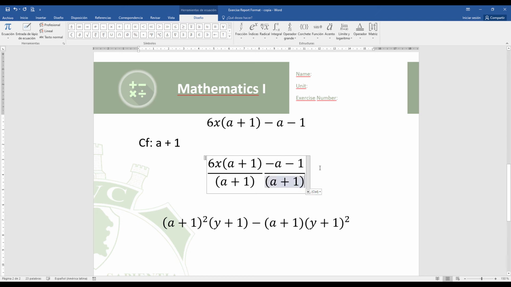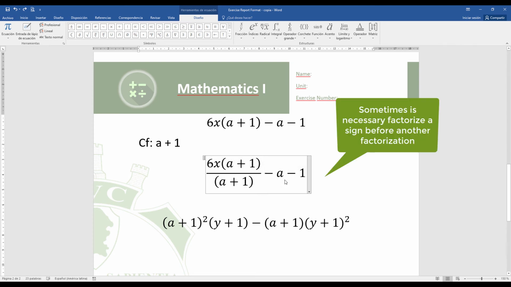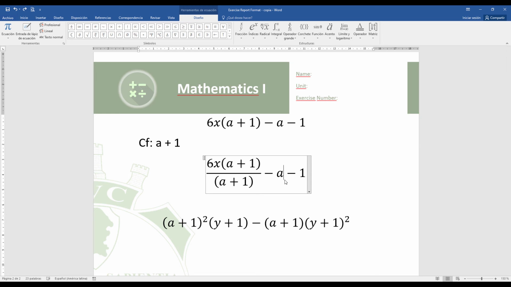But teacher, you have a mistake here. No, no, I need to change something here. Before you divide, you can factorize here. You can factorize the number 1. If you divide minus 1, you will change a little here.